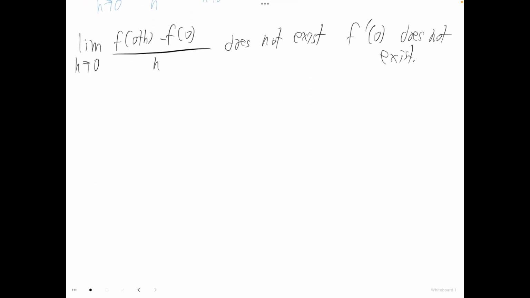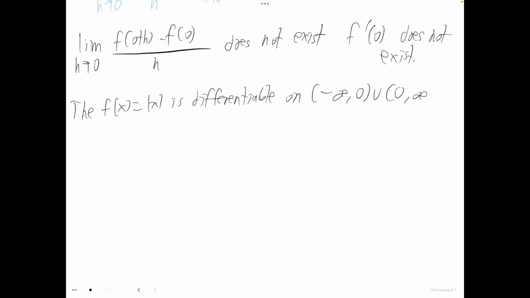And so then what we have is that the function f of x equals the absolute value of x is differentiable on the interval negative infinity to 0, union 0 to infinity. And the derivative is defined to be 1 if x is greater than 0, and negative 1 if x is less than 0.